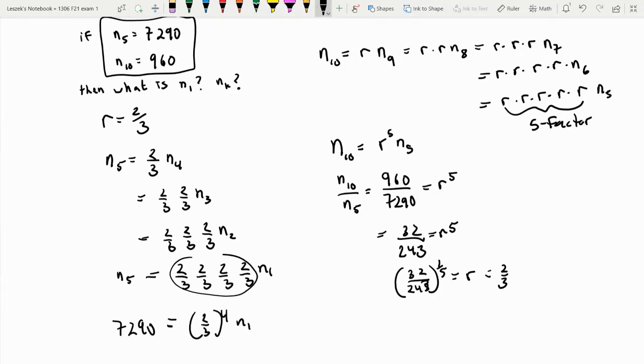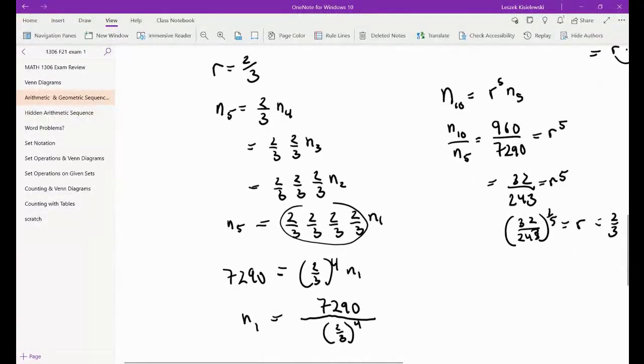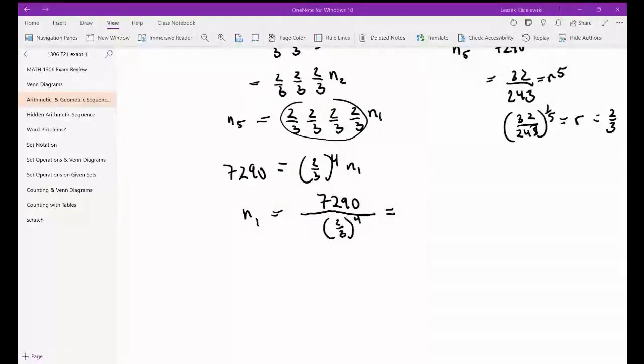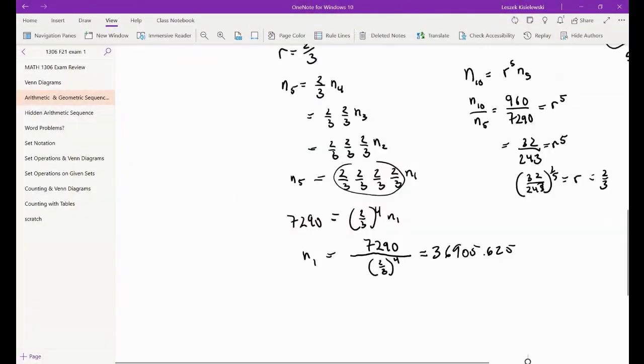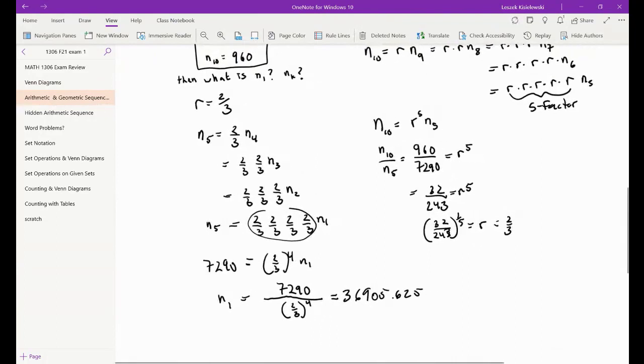So we can solve for n1 using basic algebra here. And I admit that this is definitely a calculator kind of number, so stick that into a calculator. So this turns out to be not a whole number, but it's okay. Anyway, so that was a quick review of an arithmetic and geometric sequence.